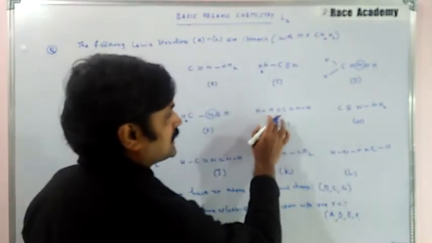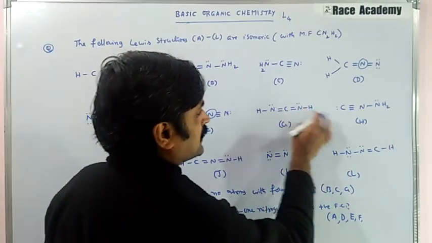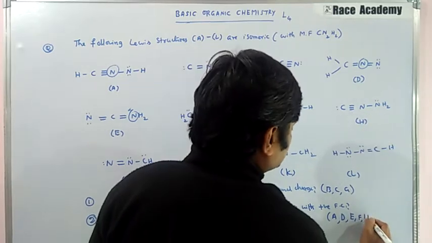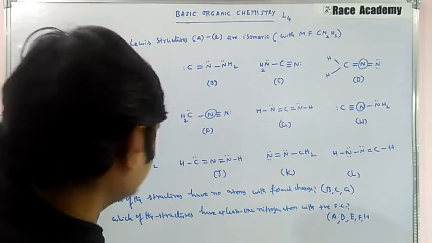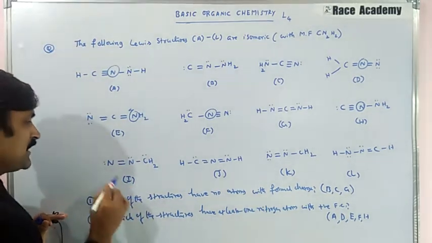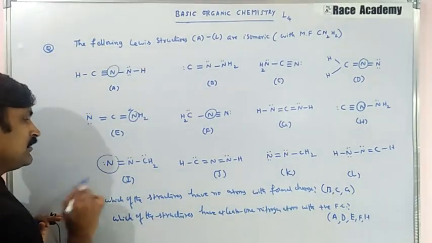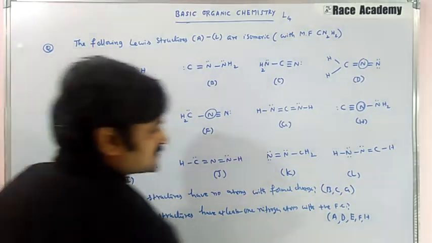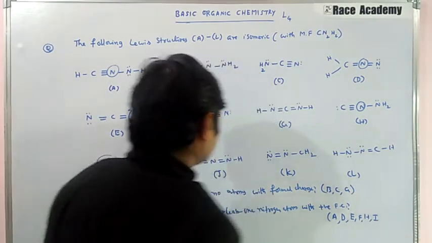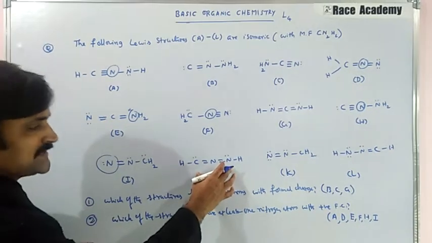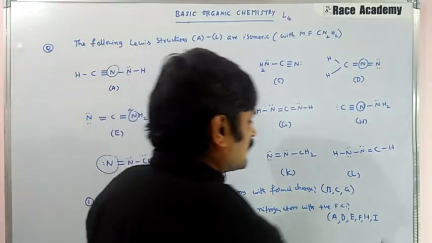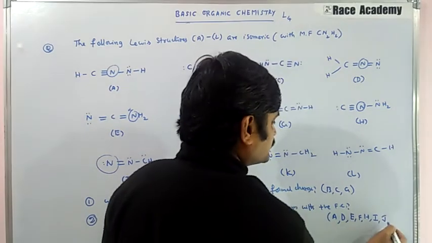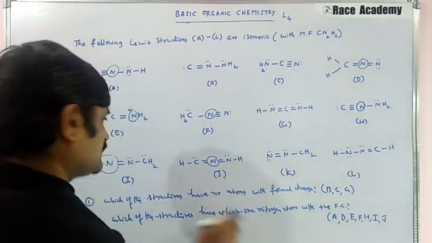And if you take this one, H we have, so this nitrogen will get positive charge. If you take this one, around this nitrogen we have positive charge definitely will come, that is also an answer. And if you take this one, this nitrogen itself is a positive one, so you can include that also as the J answer. J is the answer for this one.